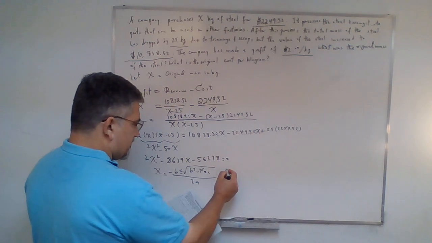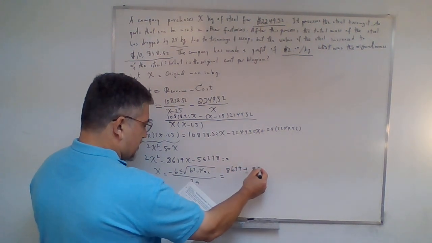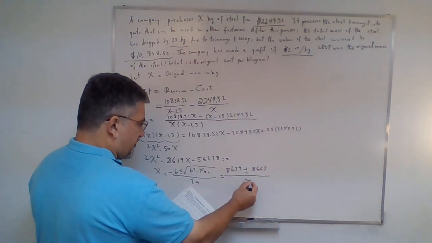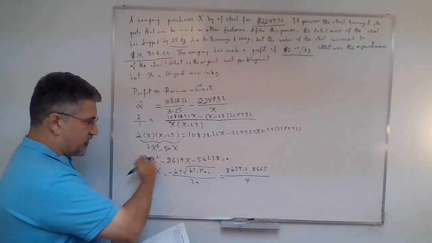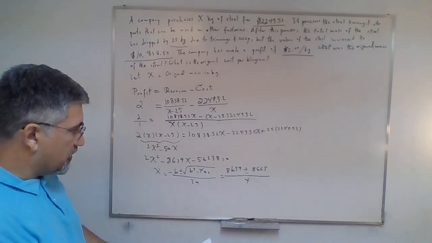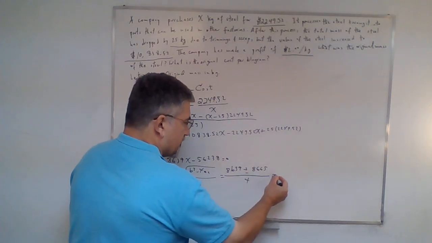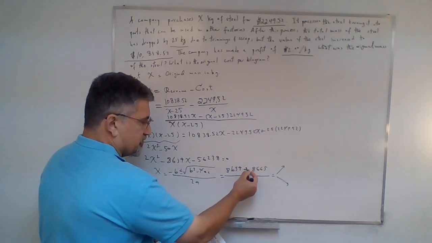So when you do the math, you get 8,639 plus minus 8,665 over 4. Of course, you have to use a calculator. B squared minus 4AC. When you take the square root, you end up with 8,665.